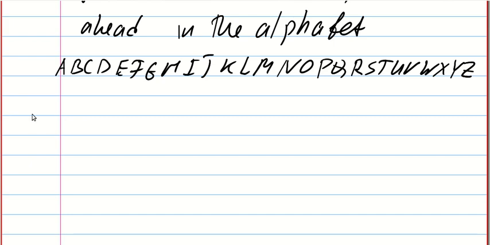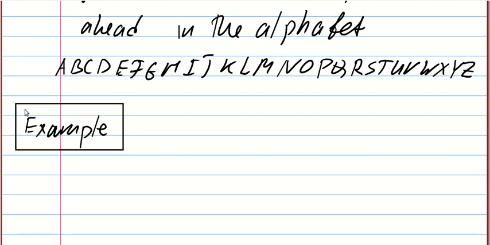All right, so let's do an example. In crypto systems, there are always two things that we should be able to do. One is encryption: from the original message, you create an encrypted one. The other is decryption: from the encrypted message, we would like to recreate the original one.